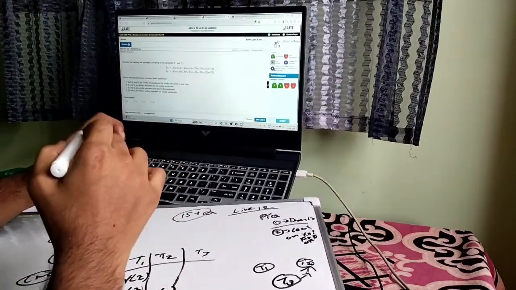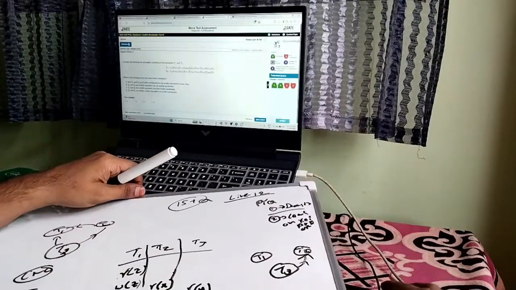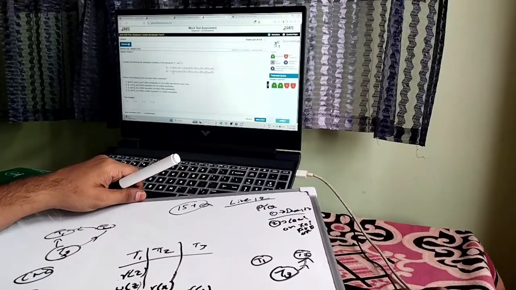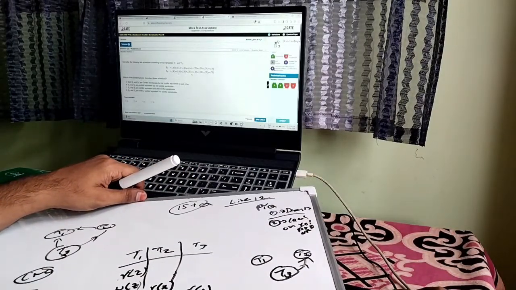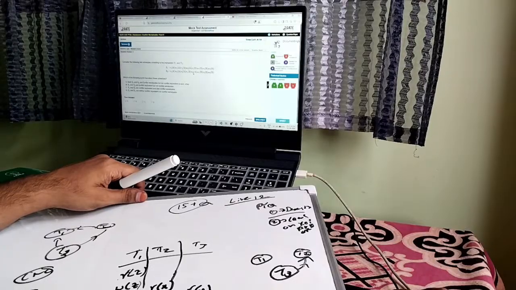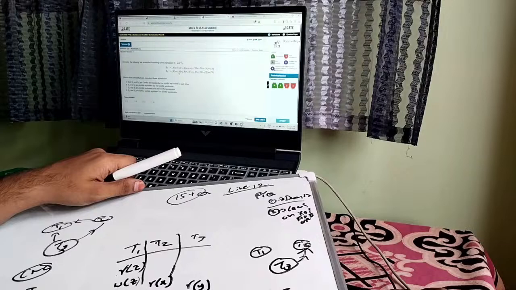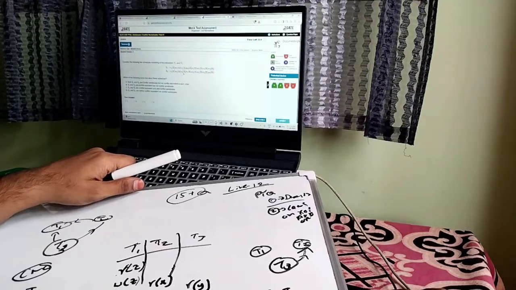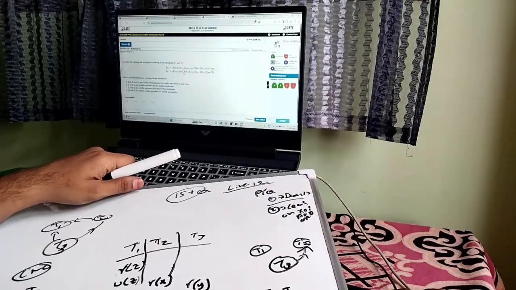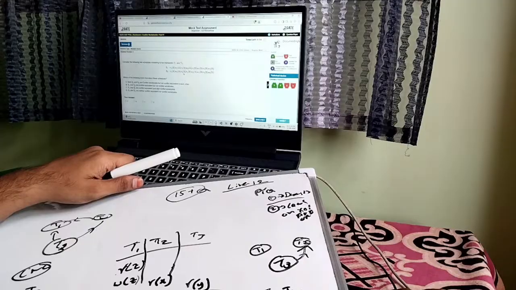So what about this? Let me see S2, R1 here. Okay, fine. It is T1, and what about R2A? Is there a W1B? W1A?